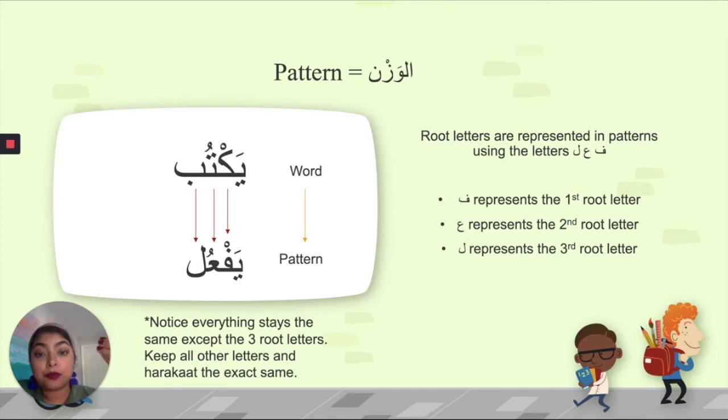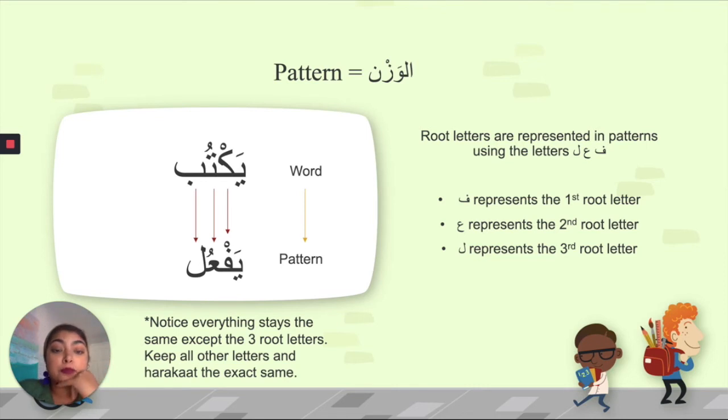When you take the root letters and put them in this pattern, then you create meaning. So kataba has to do with writing. When you place it in a pattern, it changes the meaning, whether it's to write, or he writes, or they write, or writer, or written, or books, things that are written. That is what gives the meaning.